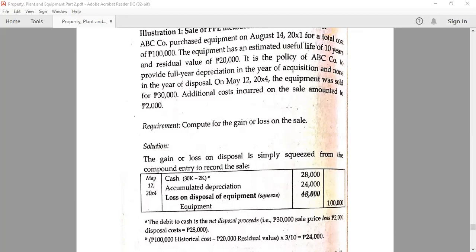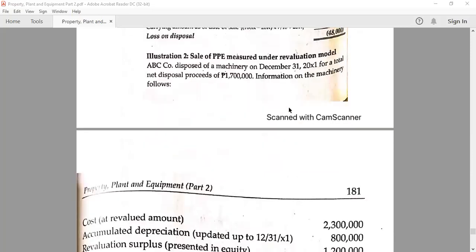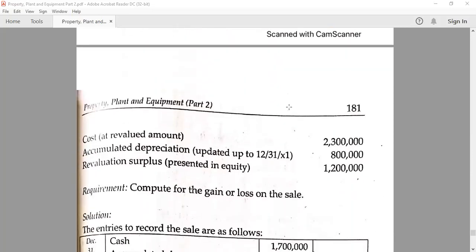So again, the formula for computing any gain or loss on sale is fair value or proceeds of the sale less any applicable selling expenses, and then less our carrying amount or book value. And that's also the same under the revaluation model.